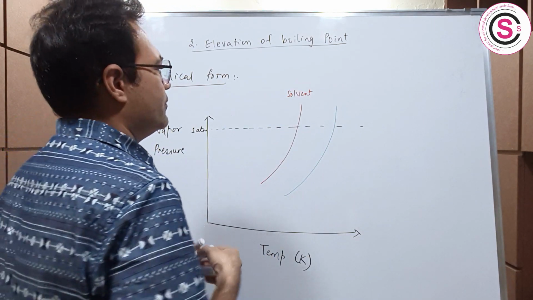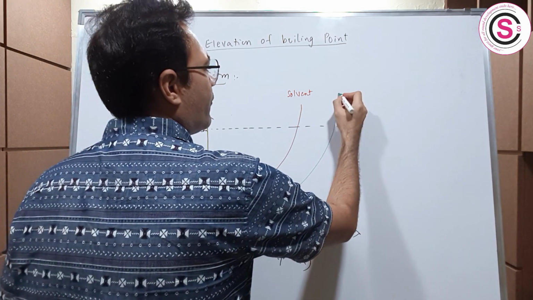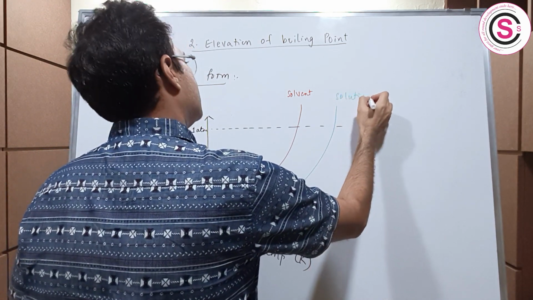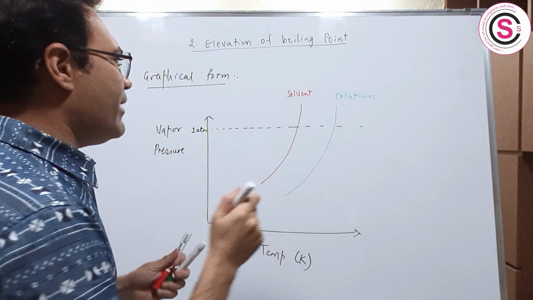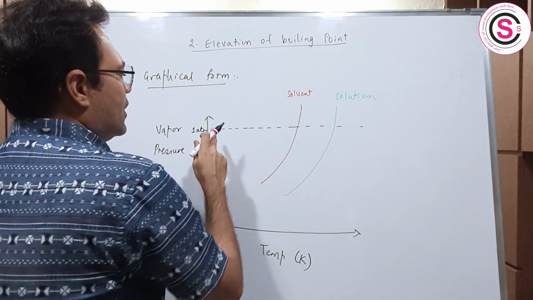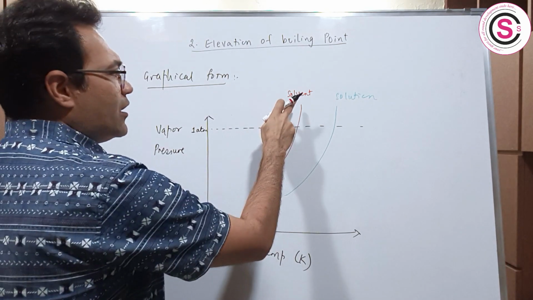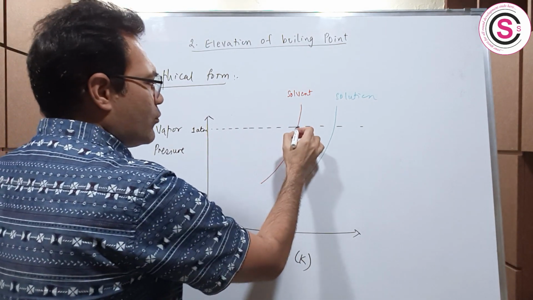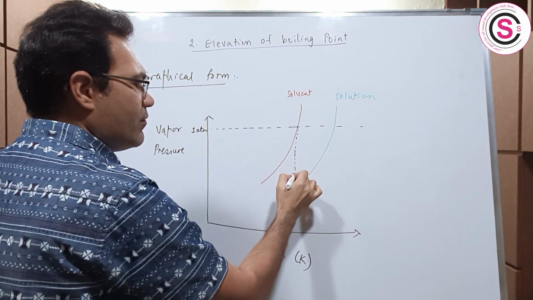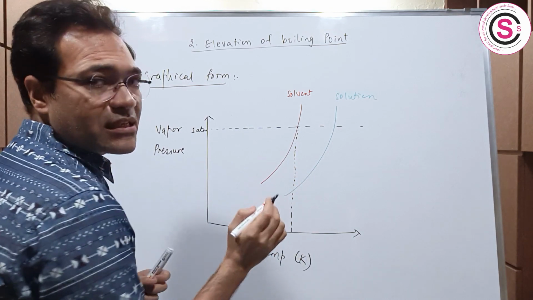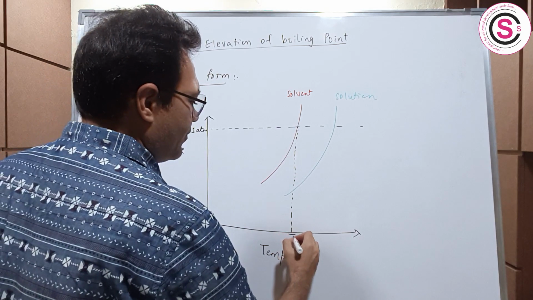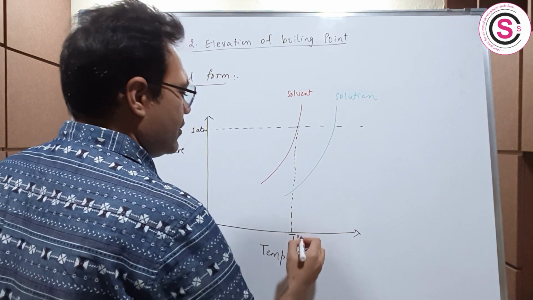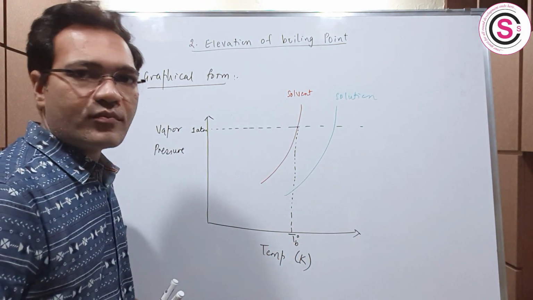and this will be the graph of solution, right? So you can very clearly make out from here that when the vapor pressure of solvent reaches 1 atmosphere, at that time just extrapolate on the x-axis and you find that the boiling point will be, say for example, TB0, right?